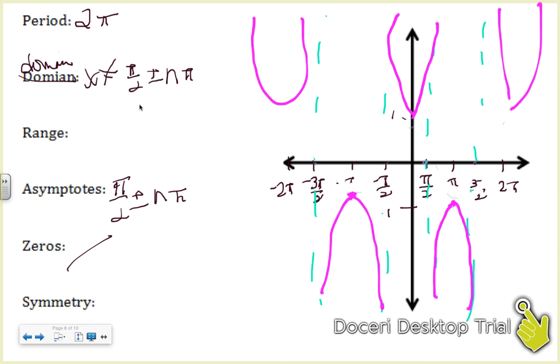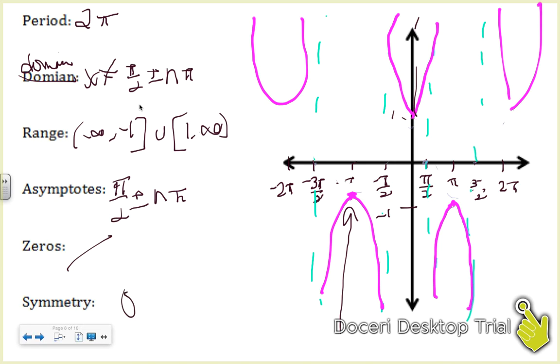Your range is a little bit different because your range goes from negative infinity to that value, which is -1, and from 1 on. So negative infinity to -1, union 1 to infinity. And if you notice, you're symmetrical on the y-axis, so this is even.